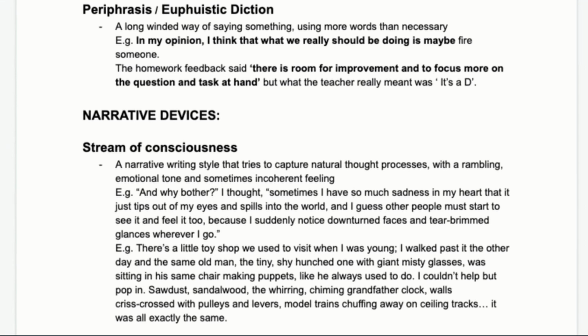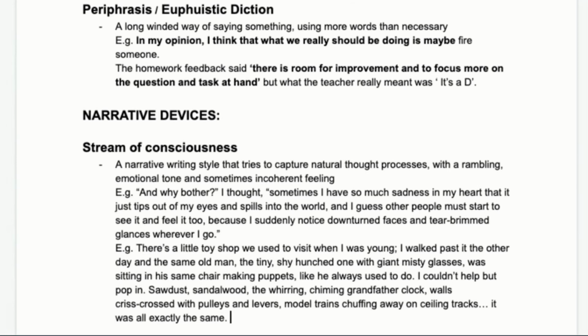And then I've got a couple of other ways of using it here that I've given in my own examples. So the first one: in my opinion, I think that what we really should be doing is maybe fire someone. You could shorten that to just fire someone, really. You don't need all of that, but it suggests that the person saying this is not really comfortable with the idea of firing someone. So they're taking a long time to say it to soften the blow of what they're saying.